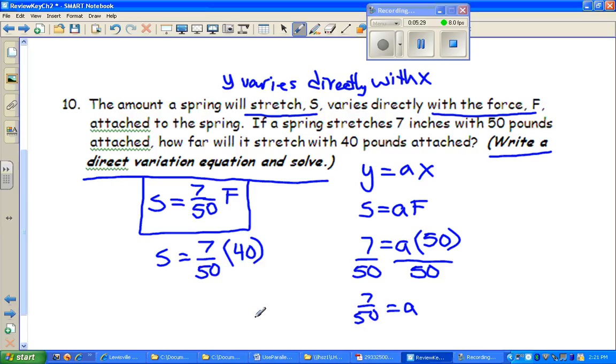So we need to plug in 40 for x. 7 times 40 divided by 50 is 5.6. So s is 5.6. Since this is the stretch, that is in inches, as you see from the problem. So this is the second part of the answer. We needed the equation, and then we needed to know, with 40 pounds attached, what was the stretch.